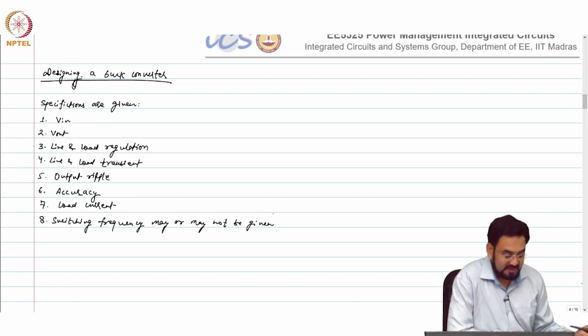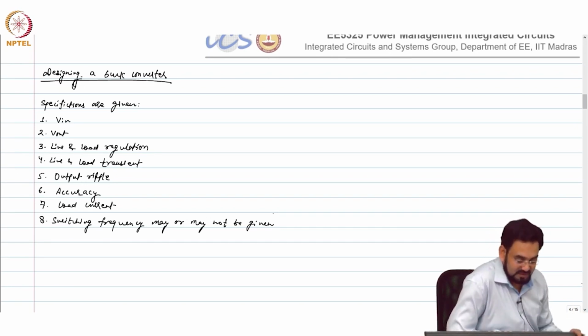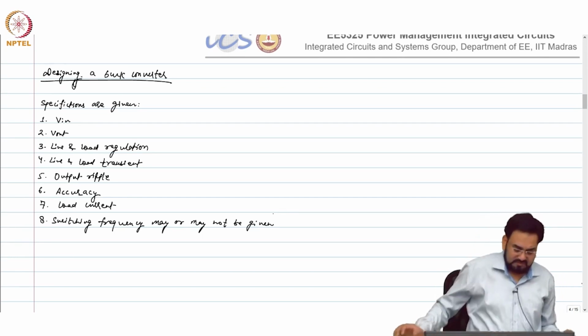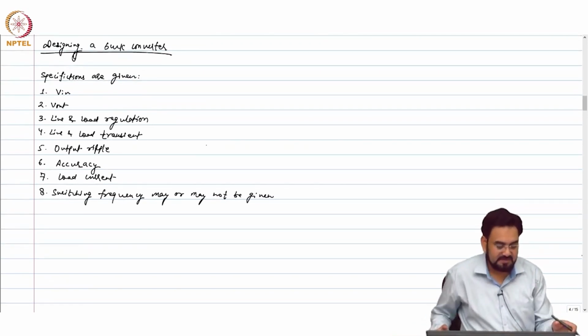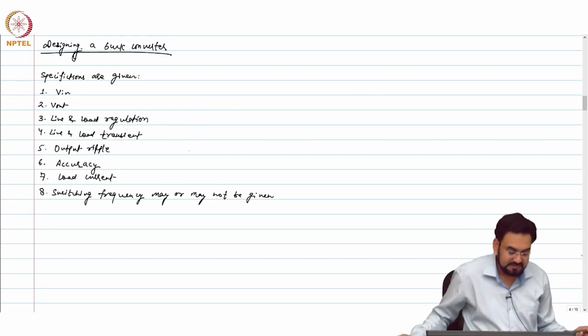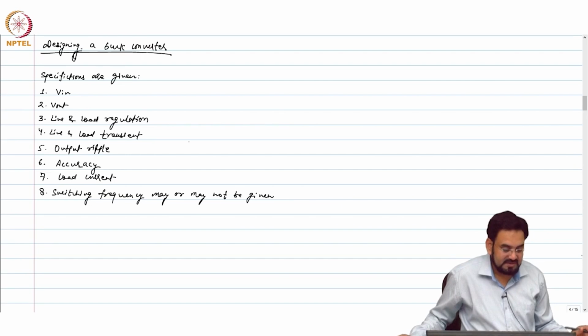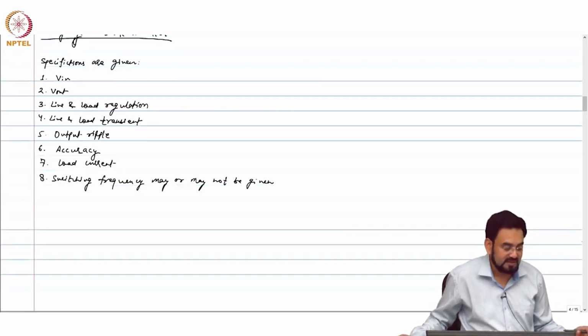But if it's not given, then you have to do a little bit more exercise to find out what will be the optimum switching frequency for the voltage and load current you are designing for. These are the main specs which are usually given. So the first step is, if switching frequency is given, then it's fine. If it's not given, then you have to find it.